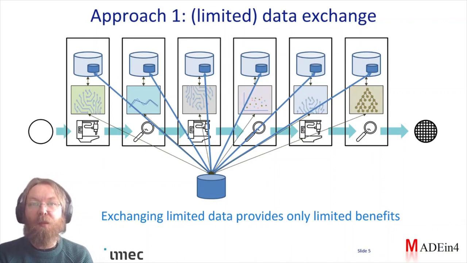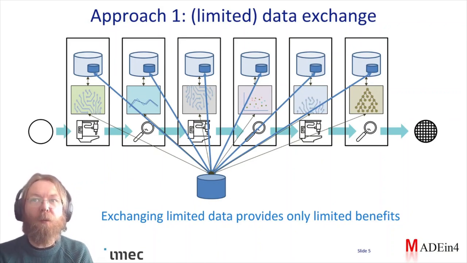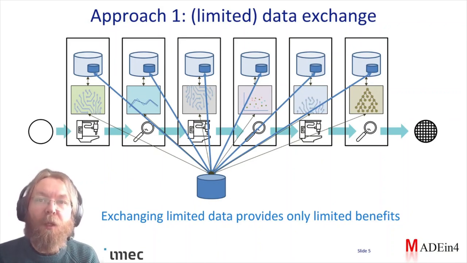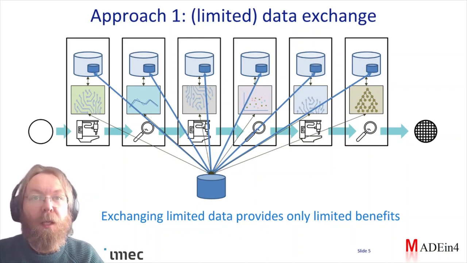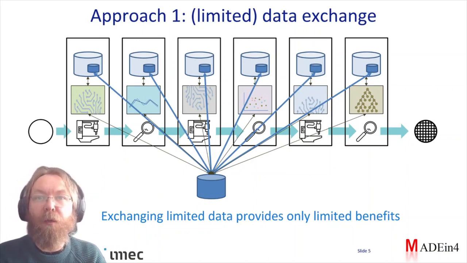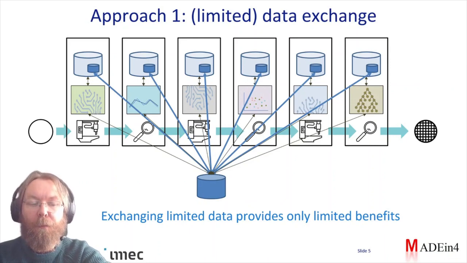They are sometimes shared between particular vendors, for example, for metrology steps that happen after a particular manufacturing step. But it's only limited amounts of data, and as a result, there is also limited benefits for the AI. Now, you don't hear me complaining. This is a very important part. The more data, the better. But the question is, can we make even more data available?